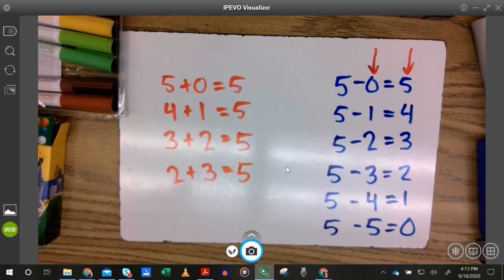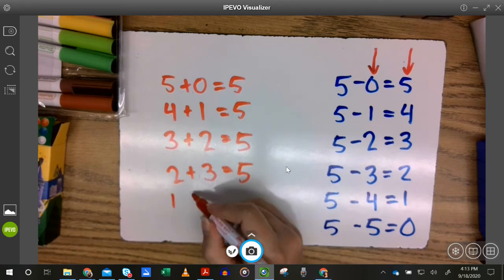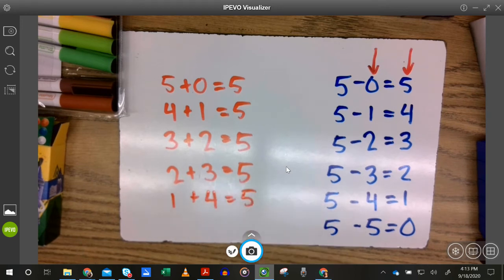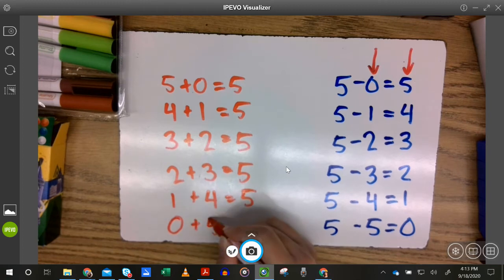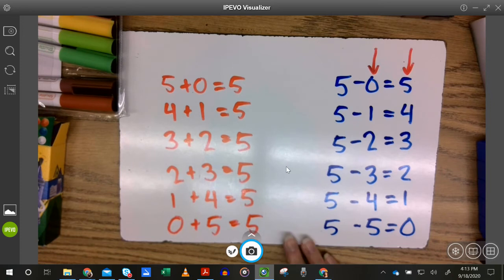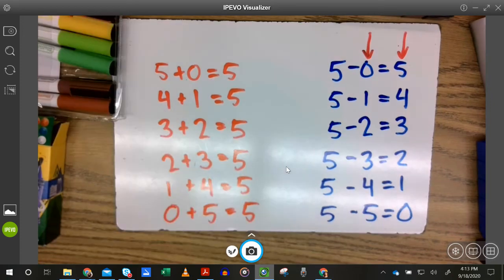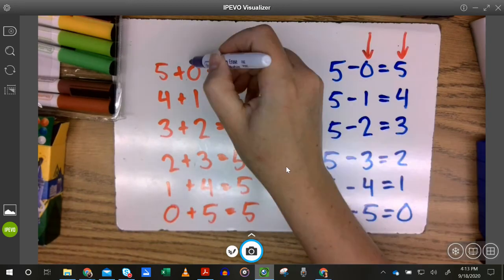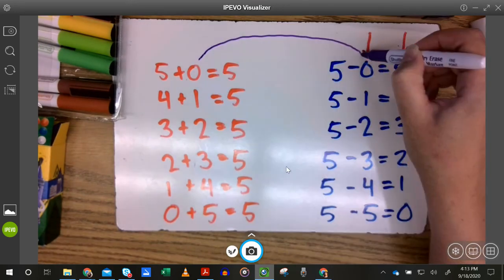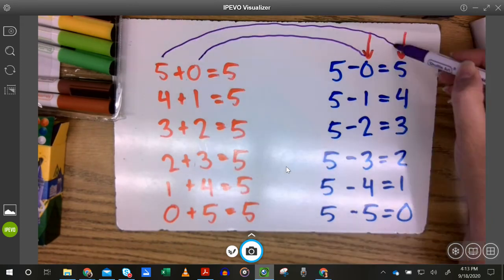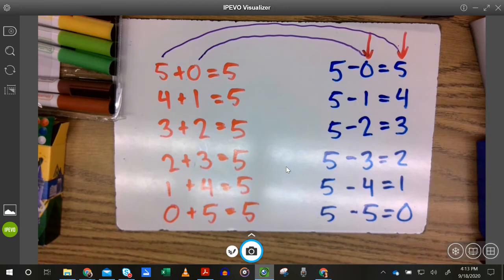If I had 1, I needed 4 more. And if I didn't have any, then I needed a whole group of 5 to get to 5. What do you notice? The same numbers that were used as the parts in addition get used as the parts in subtraction.